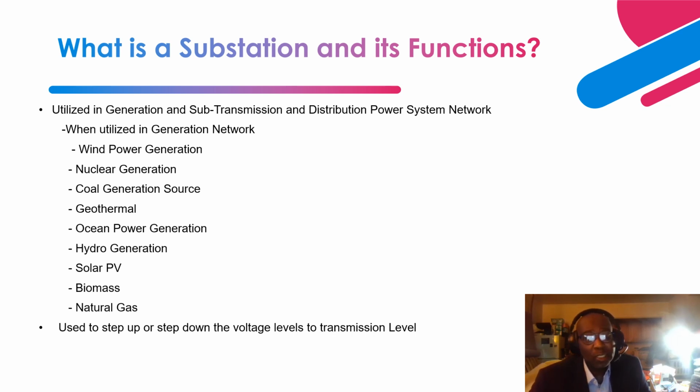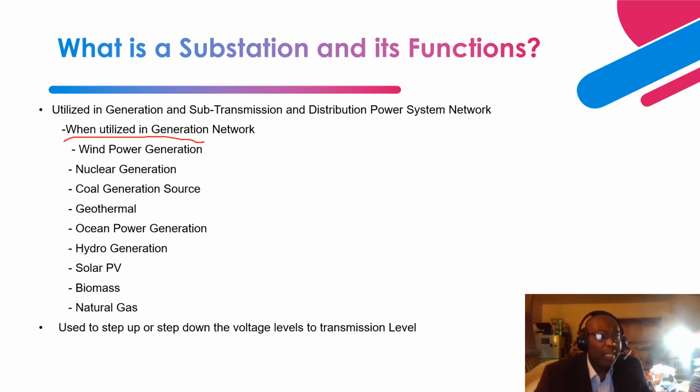Then from the transmission level, you have a substation integrated to the sub-transmission level. Then from the sub-transmission level, you have another substation that integrates into the distribution level before it gets to the customer. It is utilized in a generation network, so let's talk about all the generation power sources that we have.